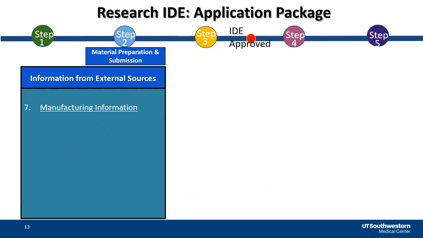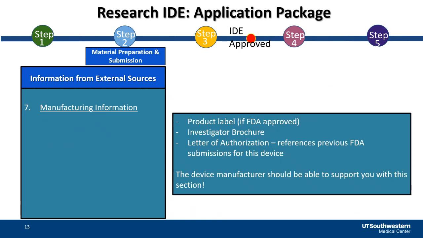Okay, information from external sources. A lot of this is going to come from the manufacturer because obviously they're the ones who know best about the device. If your device is FDA approved, but for a different population or indication, then it will have a product label. Make sure to include any information from the FDA approved product label, as this is still relevant to the device, and it will allow the FDA to see what it has previously been approved for.